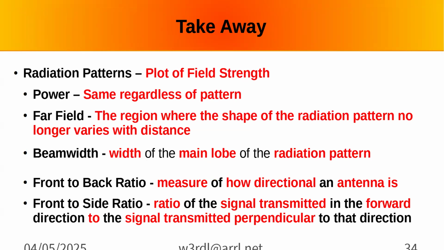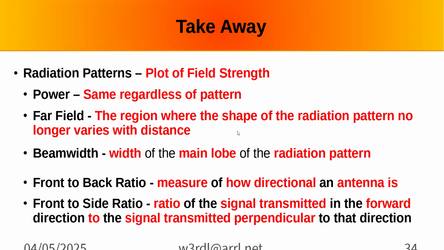Far field is the region where the radiation pattern doesn't change with distance. See, the power into the antenna is the same regardless of the pattern. The 100 watts in, maybe 100 watts out.